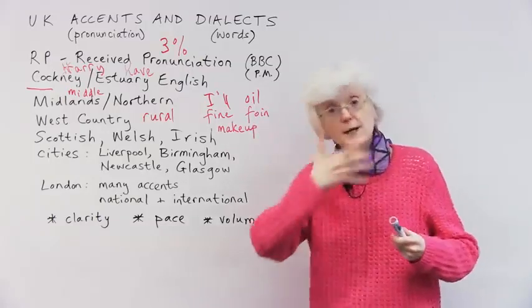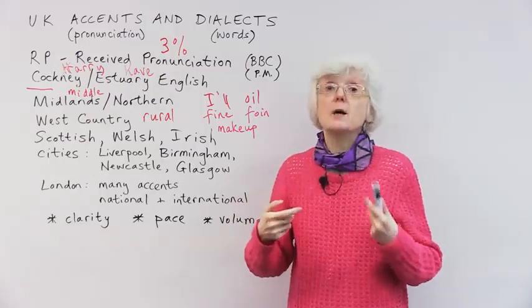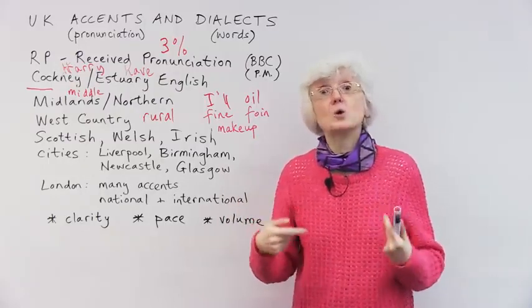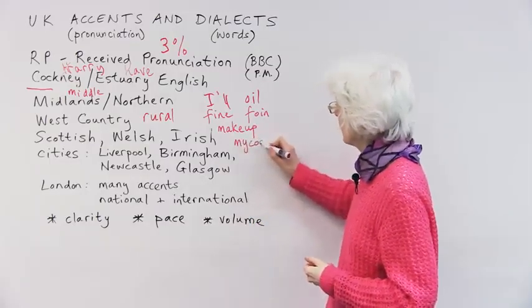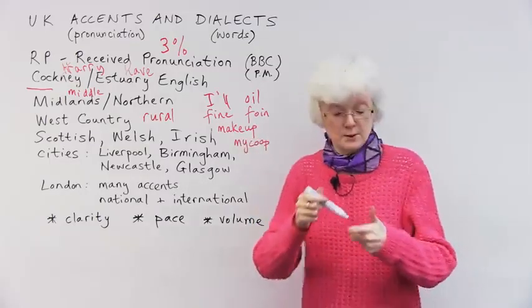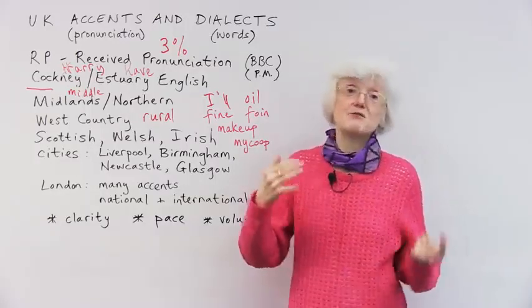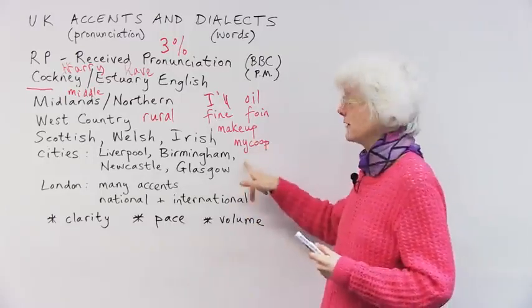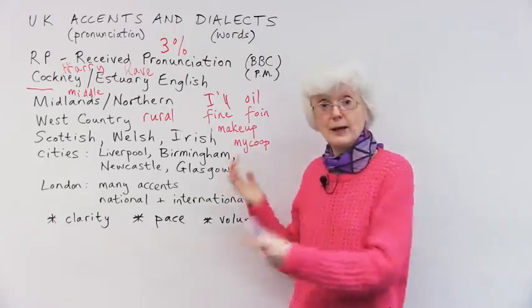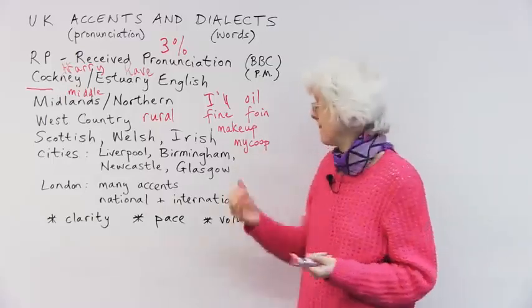When you make up your face, you're using makeup. They pronounce it my-cup, okay? So it's like my cup. I'm going to buy some my-cup instead of I'm going to buy some makeup. Okay, so that's just a few examples to show how a particular accent can change the vowel sound.